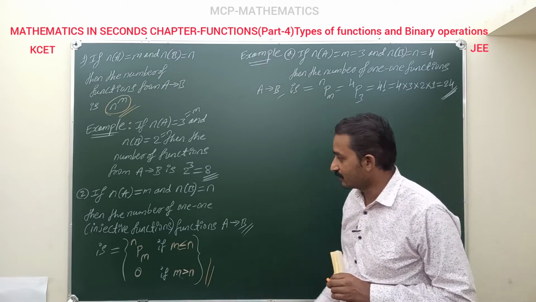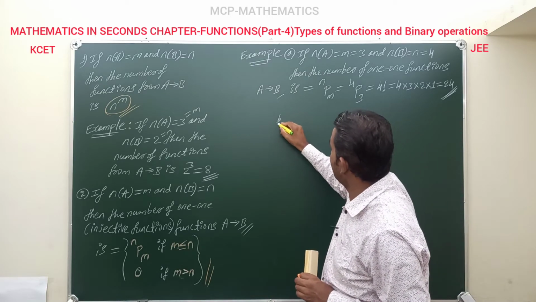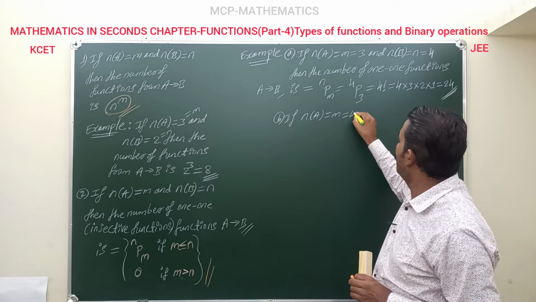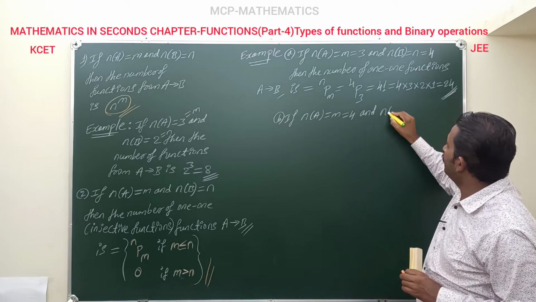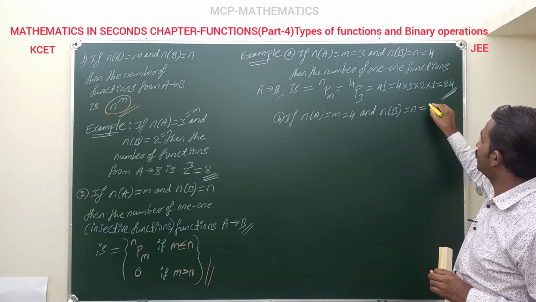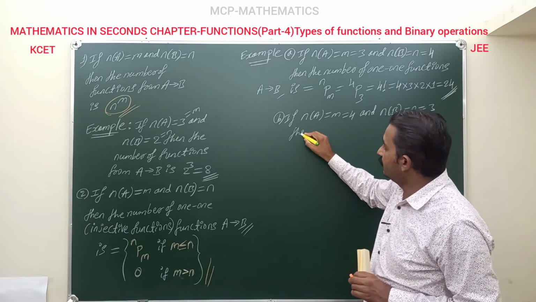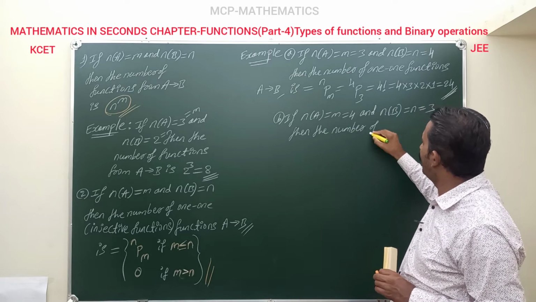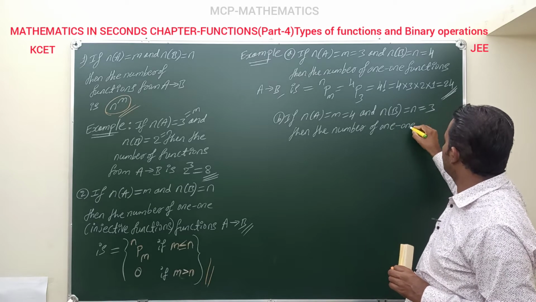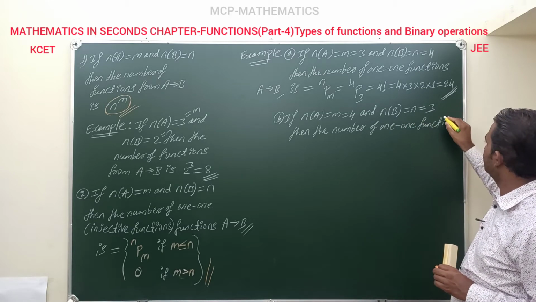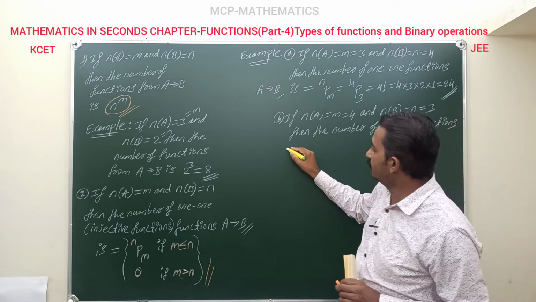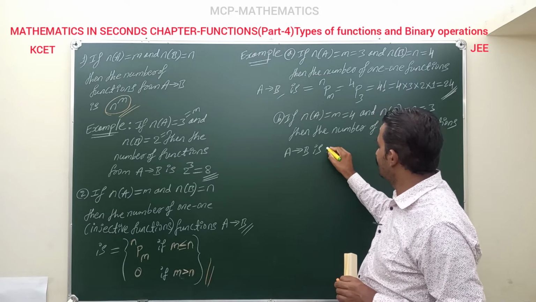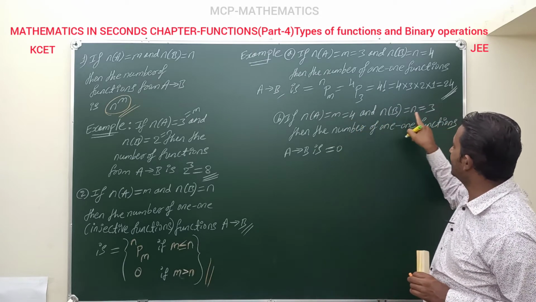Now let us move on to another example. If n of A is equal to m, which is 4, and n of B is equal to n, which is 3, then the number of one-one functions from A to B is equal to 0, because here m is greater than n.